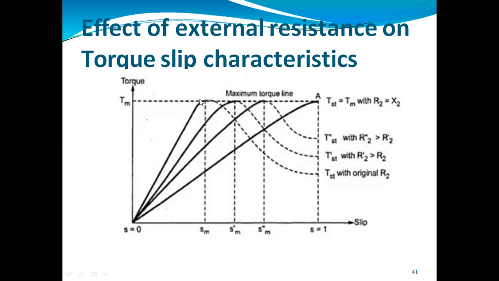You can see here the resistance is decreasing, from here to here it is less in comparison. So if we decrease the value of resistance, it will go to a negligible value, and torque will become inversely proportional to the slip. The curve, which was a straight line here, will look like a hyperbola when we decrease the value of resistance.